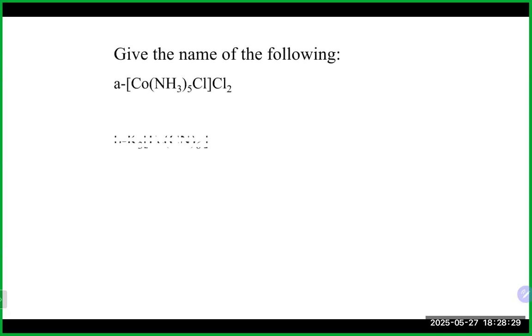All right. Try a couple more here, a couple more names. Okay, let's take a look here. Again, we see complex ion first, so it's positive. And again, the chloride here would be our counter ion.